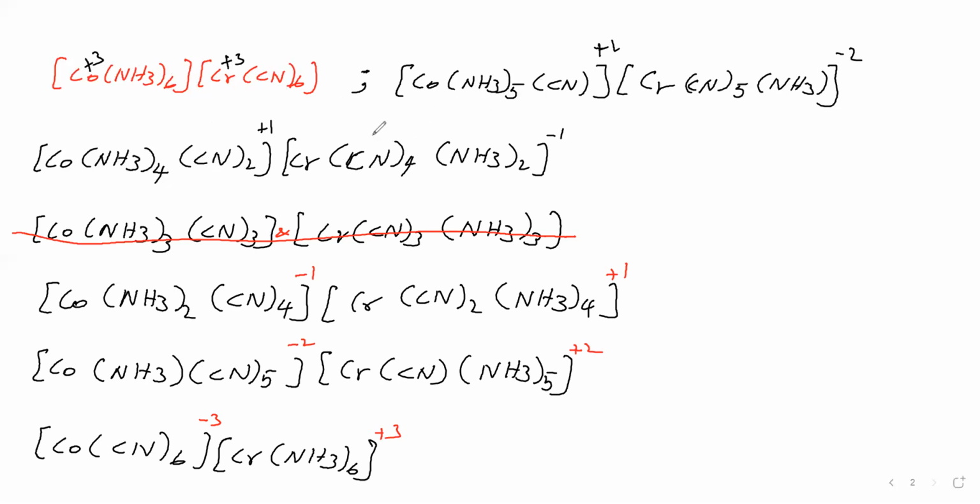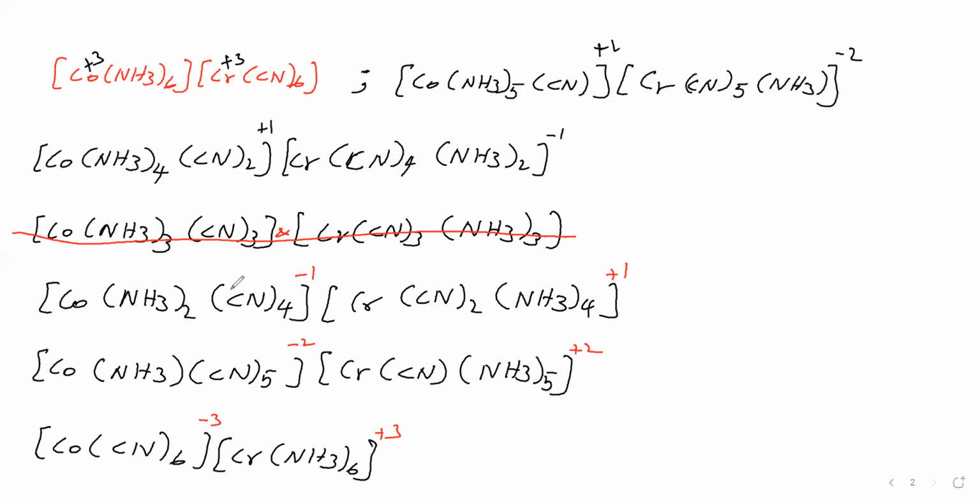How do we say structure is different? Here only NH3 is coordinated with cobalt, but here NH3 and CN is coordinated with cobalt. In all, they have octahedral structure only, but the surrounding species is different. Therefore, these are structural isomers.